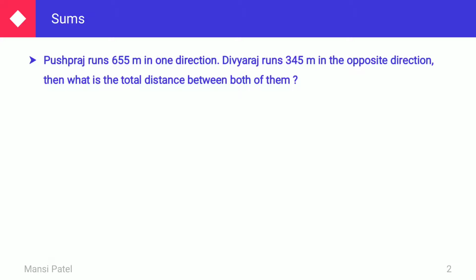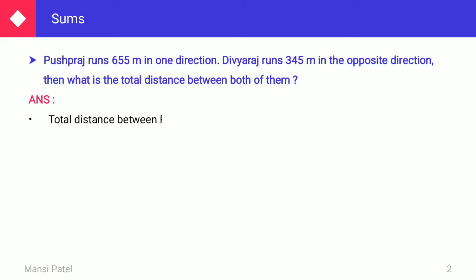If Pushparaj runs on the east side, then Divyaraj runs on the west side. This is known as opposite direction. And we have to find out the total distance between both of them. So what we have to do here?